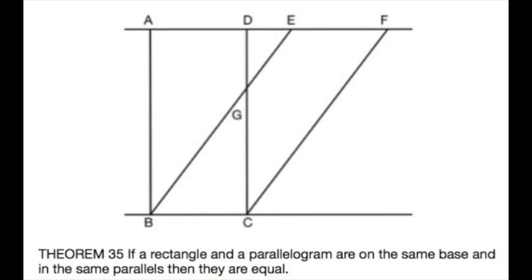Now look at the triangle GBC. If we add this triangle to each of the equal trapezia, then the resulting figures, namely the rectangle and the parallelogram, must be equal. This concludes the proof of Theorem 35.